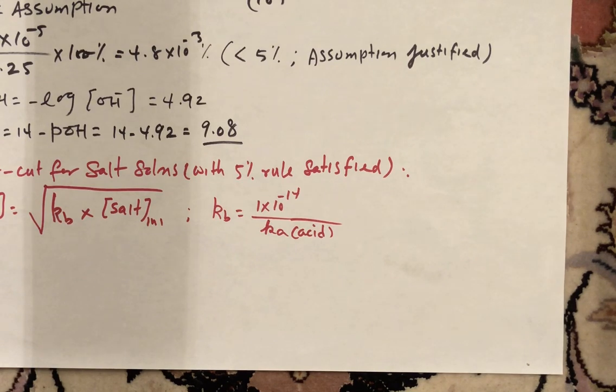Again, don't forget to do 14 minus pOH to calculate the pH. Don't just leave it as pOH, because the question is asking for pH, not pOH. So you have to do a second equation, 14 minus pOH, and you get 9.08.